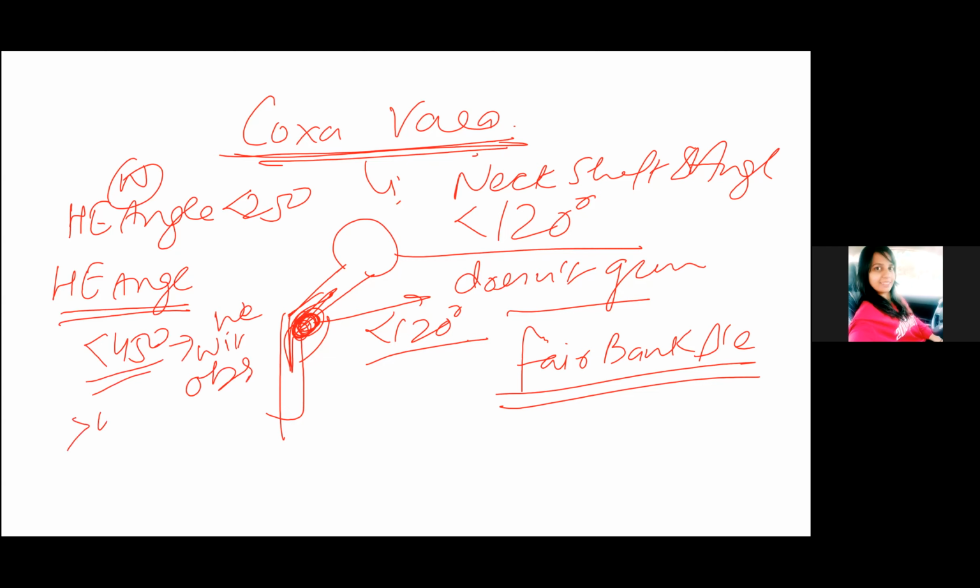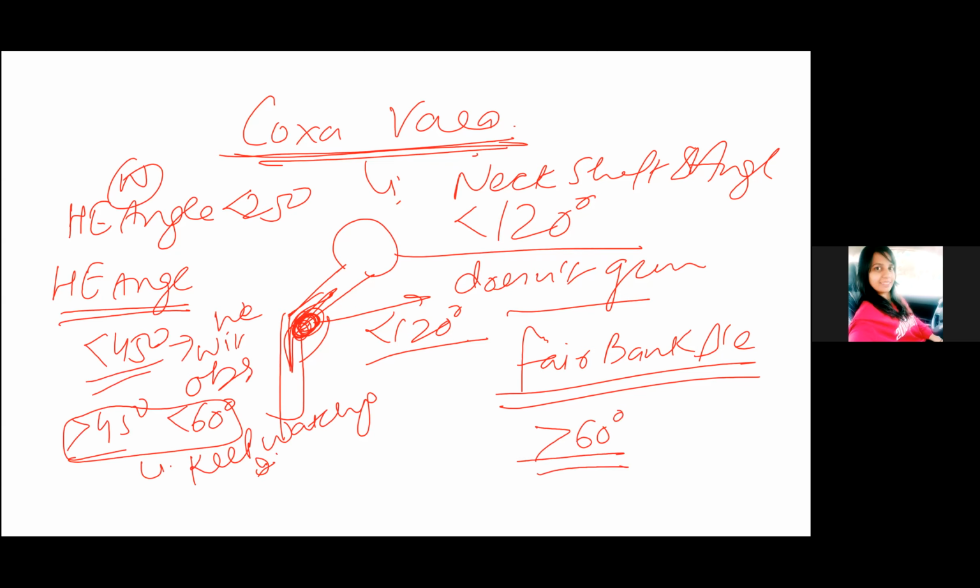If it is more than 45 degrees but less than 60 degrees, then we keep watching the patient. If it progresses, then we will do surgery. If it is more than 60 degrees HE angle, then we have to do the surgery. Which surgery? Valgus derotation osteotomy.